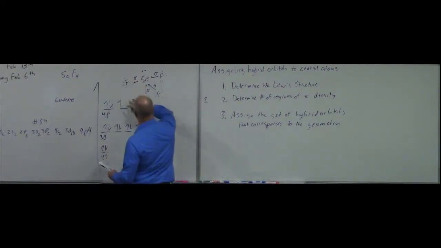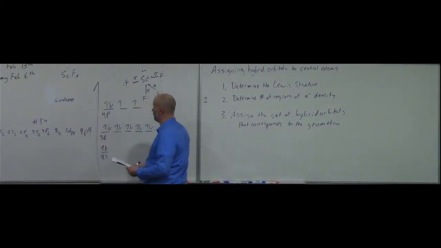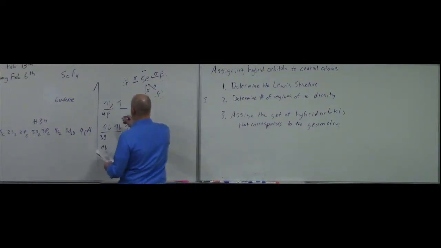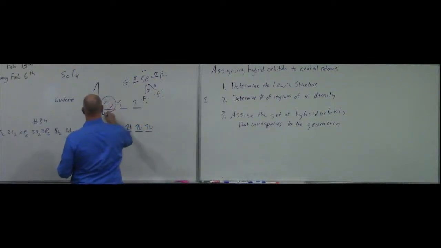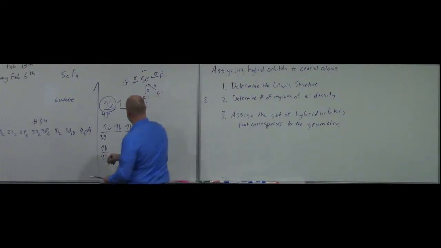So I need 4 of these things, and you're going to use the 4s and 4p to do that? These guys, we're just going to leave how they are. So I'm going to use my 4s, right?